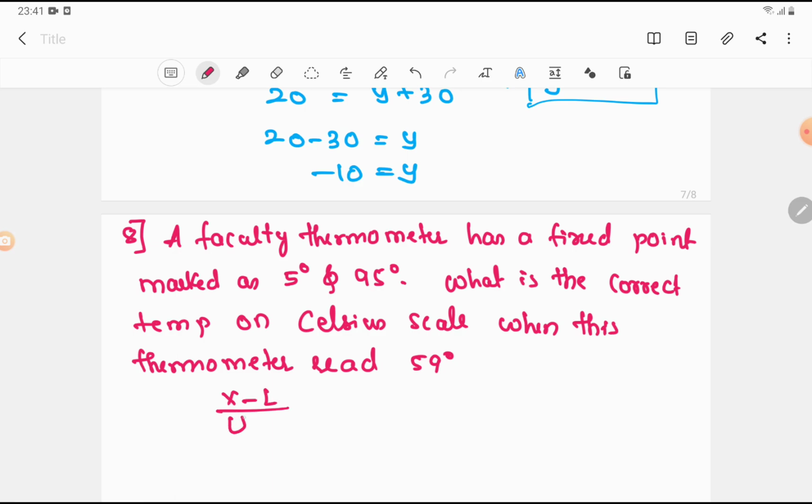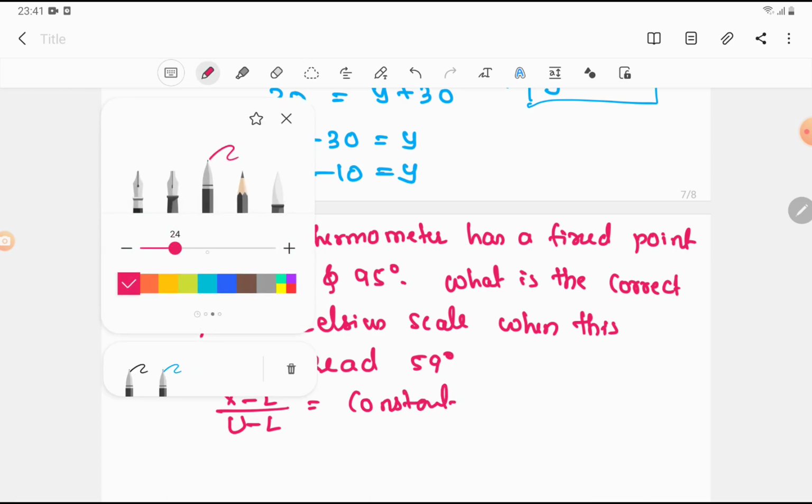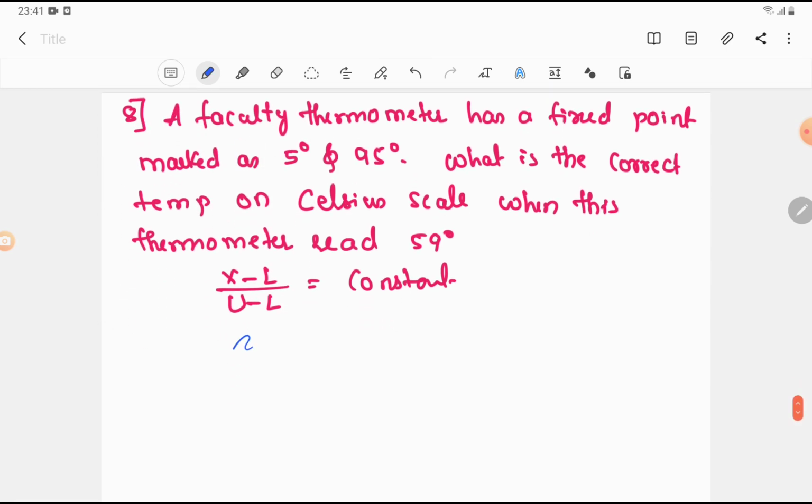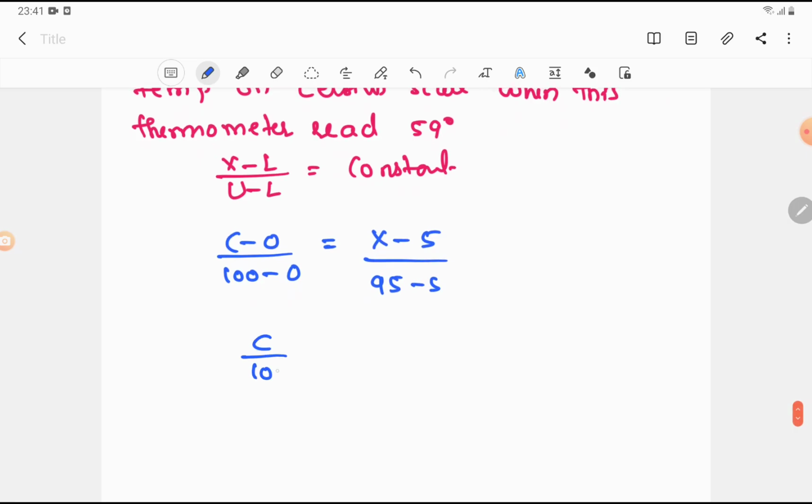Same: (x minus L) by (U minus L) is constant. So we already know that for a Celsius scale, (C minus 0) by (100 minus 0) is equal to, for the faulty thermometer, let me take it as x, lower limit is 5, upper limit is 95 minus 5. So now C by 100 is equal to (x minus 5) by 90. The thermometer reading is 59, so x is equal to 59.